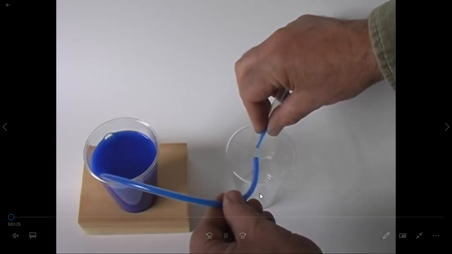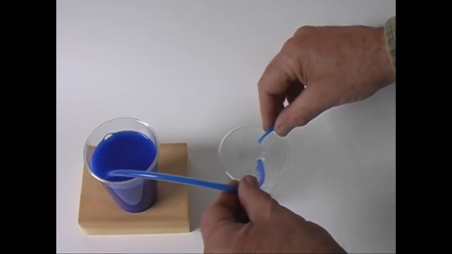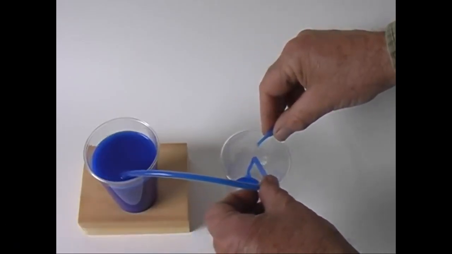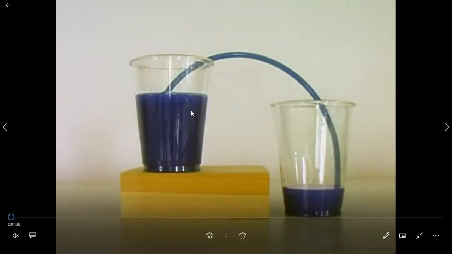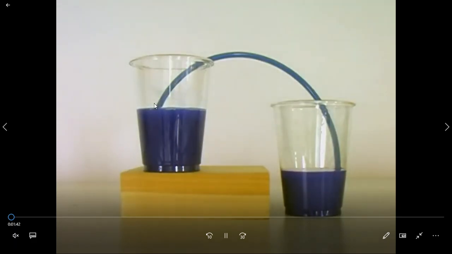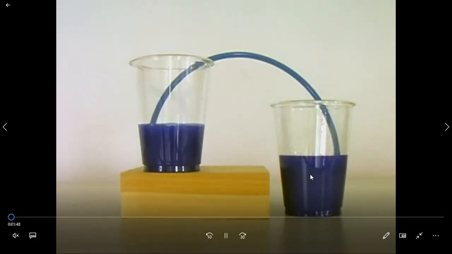One of the most important factors you need to consider here is that the position of this container must be higher than this container, and the liquid, now you can see here, is traveling from this container to that part.